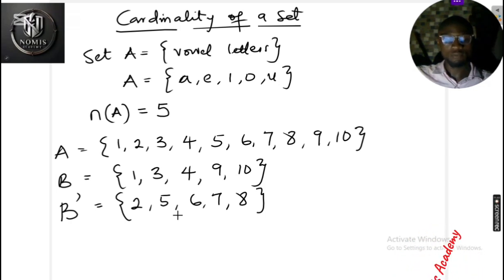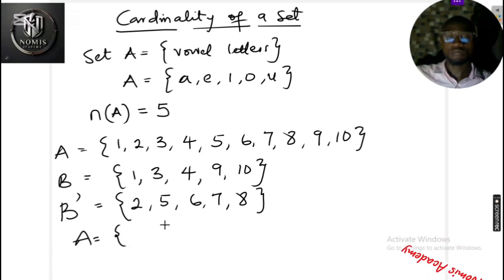Now we need to talk about equality of sets. You see, two sets, let's say set A and B, are said to be equal if A is a subset of B and B is a subset of A. Let's for instance say set A is equal to, okay, let's open another page.